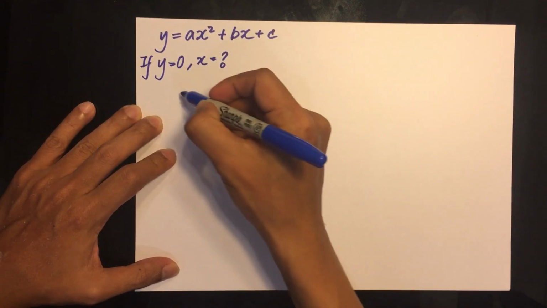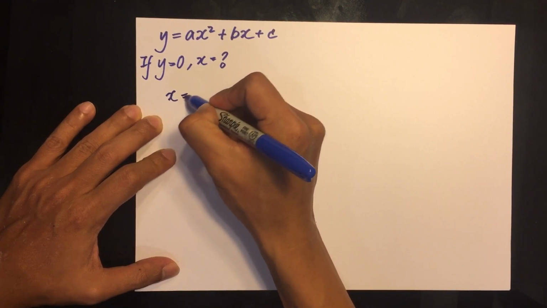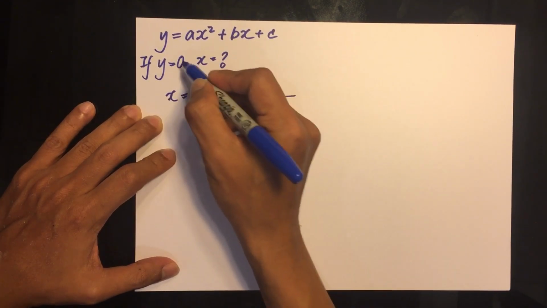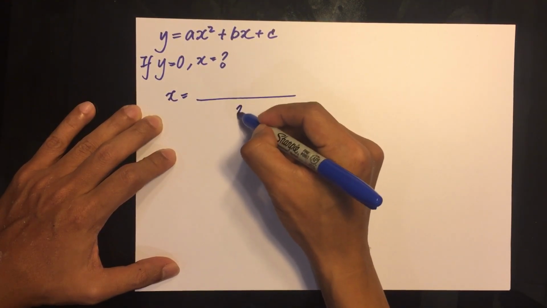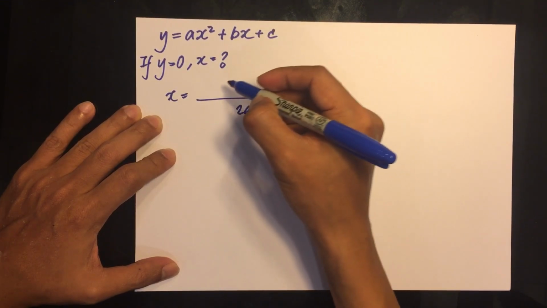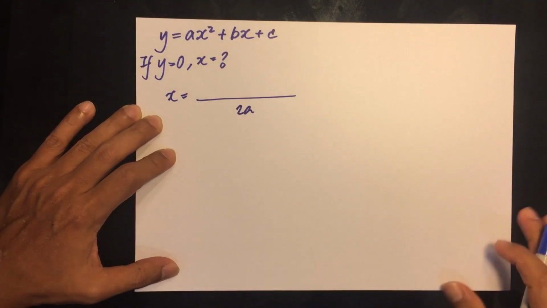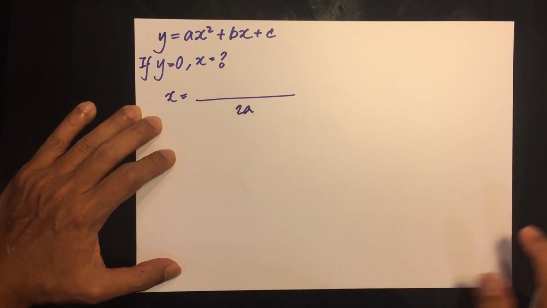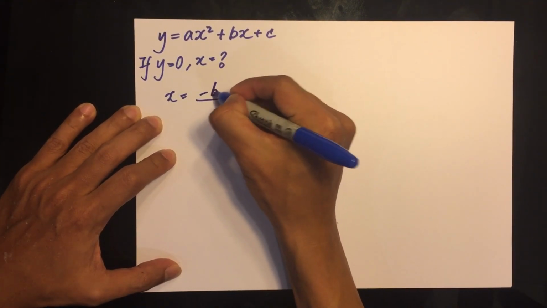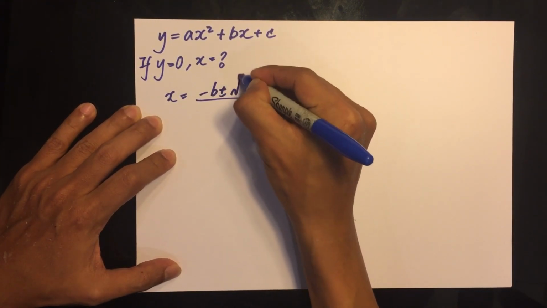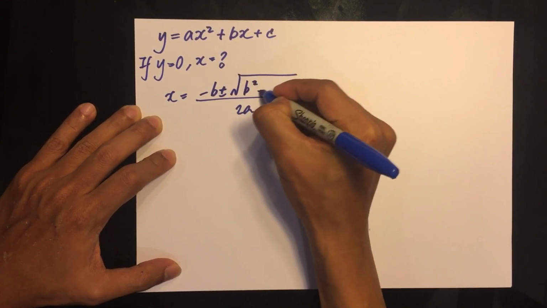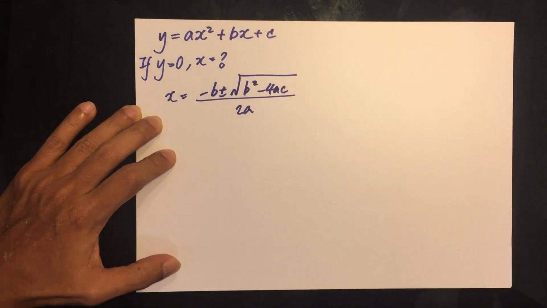And you've probably been taught that solving for y equals 0 is known as finding the roots of the quadratic expression. You've probably been taught this famous formula, negative b plus minus the square root of b squared minus 4ac.